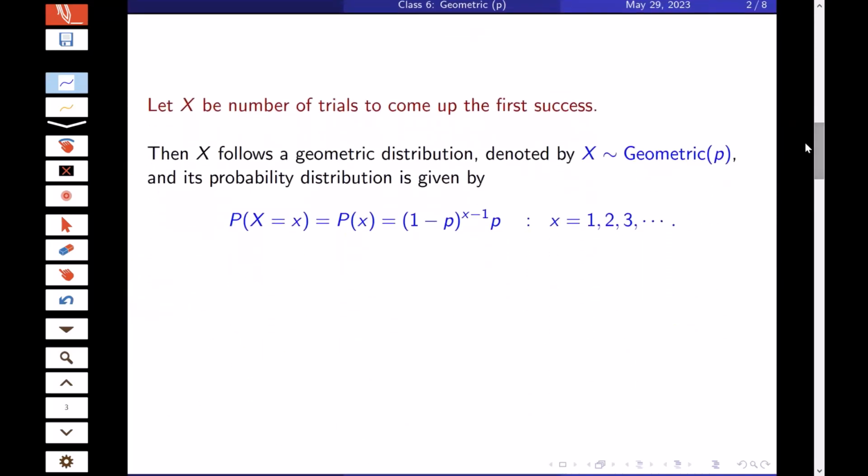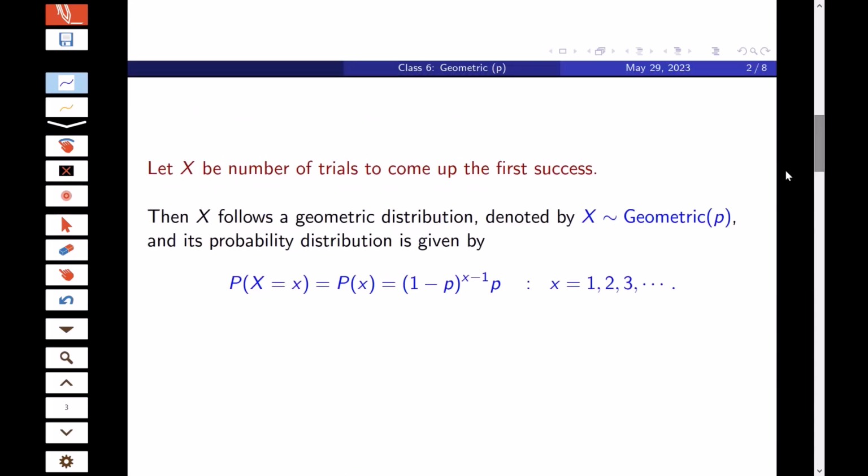Now let's define a random variable called x for this process of binary trials. We are repeatedly doing this process until we get the success. For example, when you are tossing a coin, suppose our interest is to get head.